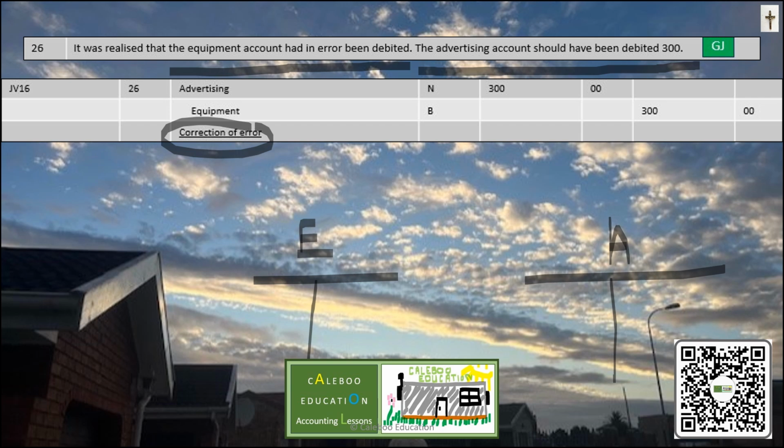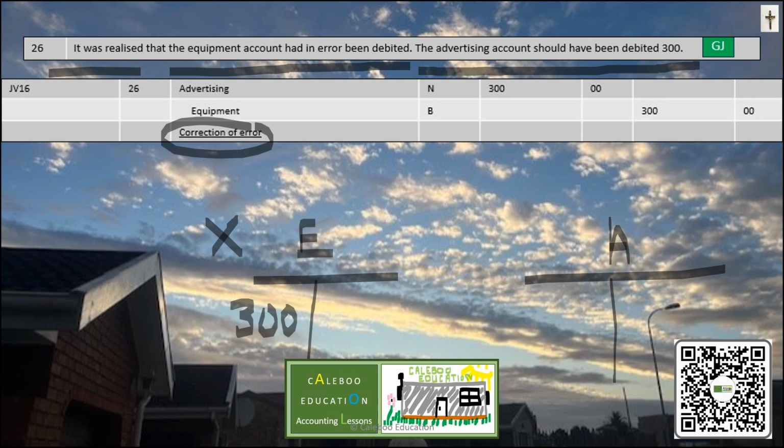So the transaction reads, it was realized that the equipment had in error been debited. So equipment was debited with 300 by mistake. That was wrong. It should have been advertising.